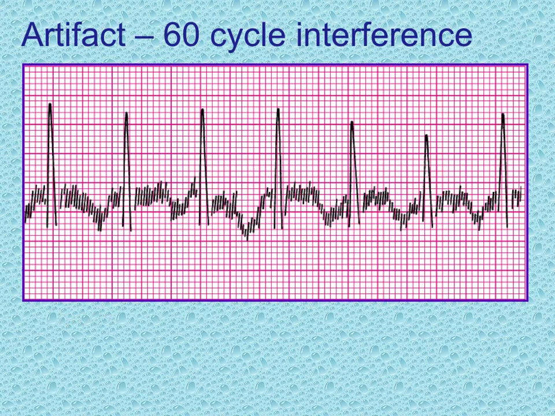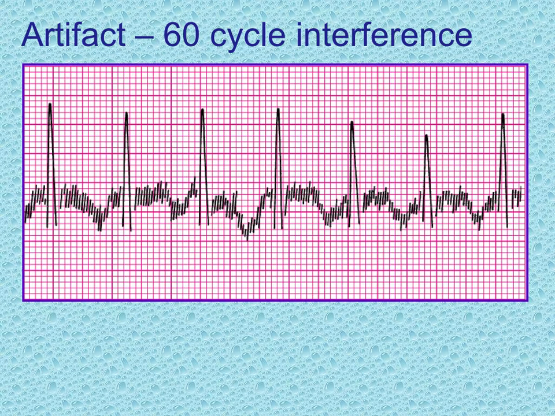Let's take a look at what you might see. This is very classic 60 cycle interference. If you notice your baseline between your QRS's, between your heart rate tracings, it's in a set pattern. It's very vibratory in nature, looking very much like thickened and distorted.